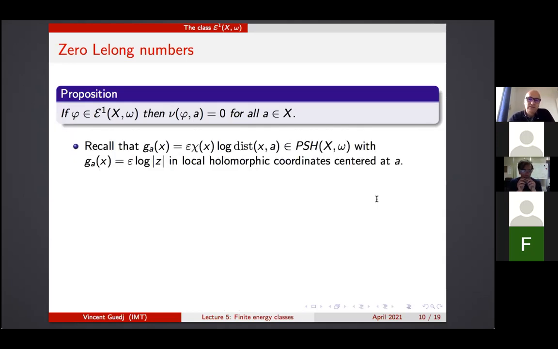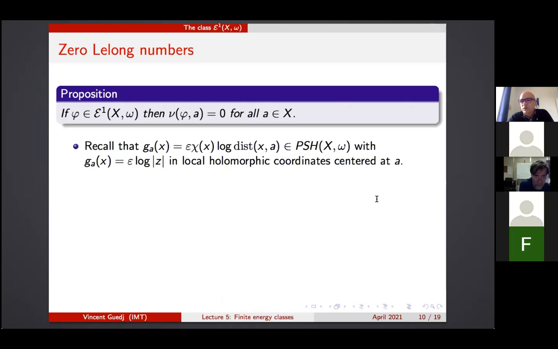Last Tuesday, I explained the construction of a local Green function. If you pick a holomorphic coordinate near a point A, so that A corresponds to 0 in this local chart, you can consider log of the norm of z, and in C^n, log of the norm of z plays the role of a Green function for the Monge-Ampère operator.